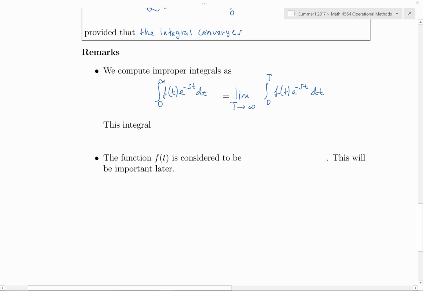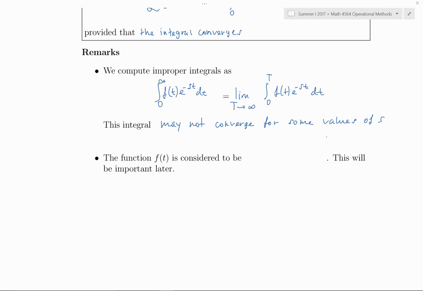And sometimes this integral doesn't converge for some values of s. But that's not a problem for the Laplace transform. As long as this integral converges for some values of s, we say that the function has a Laplace transform. It's also interesting to note that we integrate from 0 to infinity.